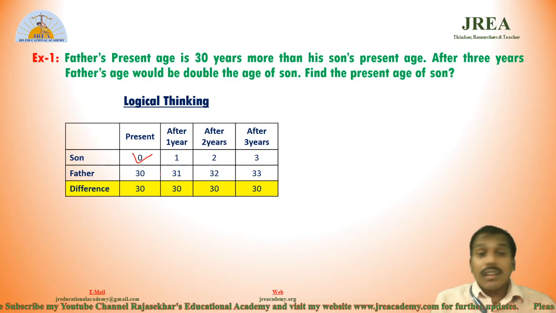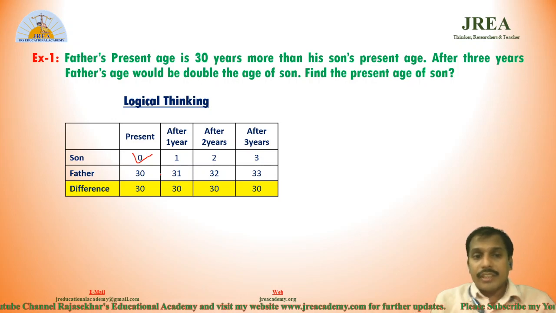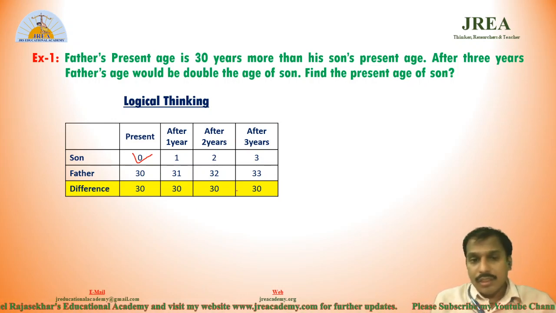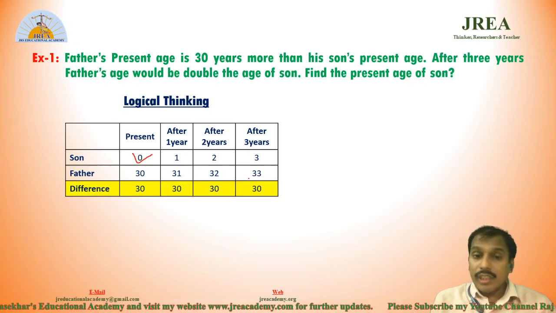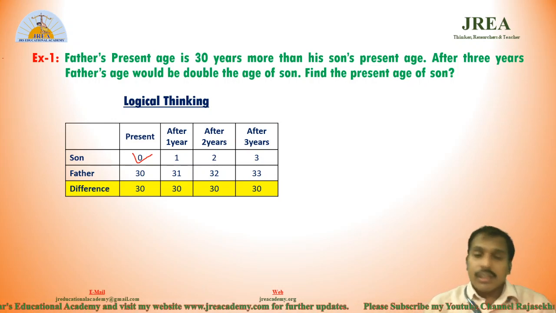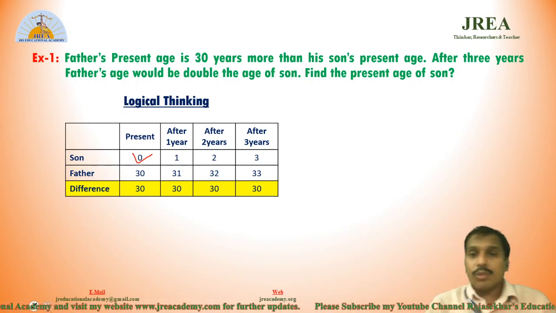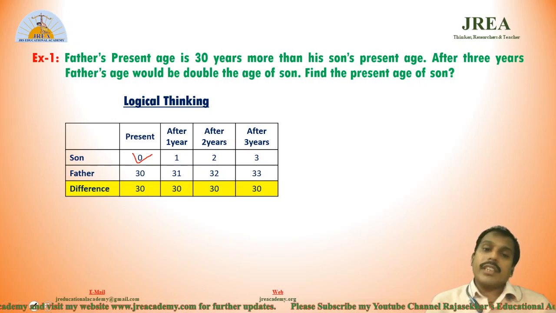After 1 year, the son is 1 year and the father is 31, so the difference is 30. After 2 years, the difference is 30. After 3 years, the difference is 30. After 10 years, the son's age increases to 10 and the father's from 30 to 40. Again the difference is 30.